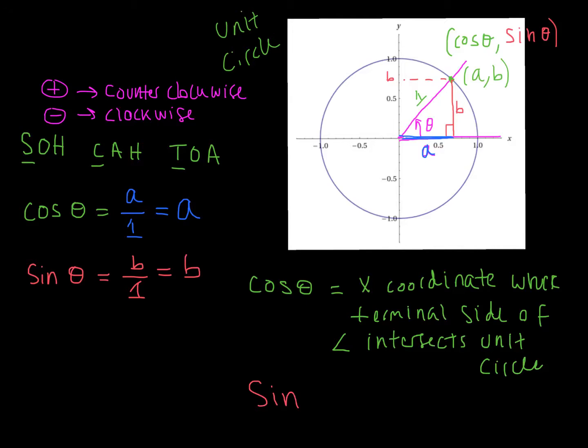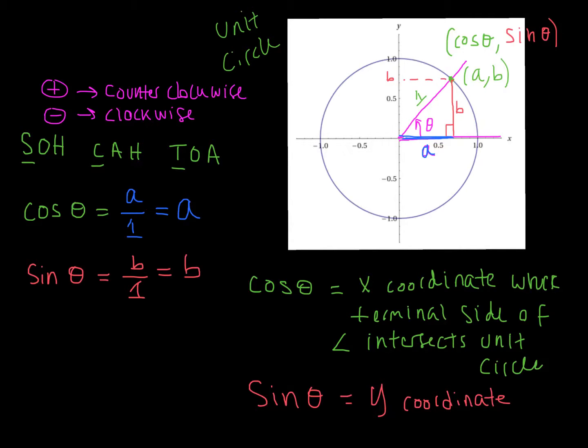Sine of theta we can now think of as the y-coordinate. So go ahead and fill in the rest on your own. The y-coordinate where the terminal side of our angle intersects the unit circle. And this is great because now we know cosine theta and sine theta are going to be functions where when I plug in a radian measure, it's going to give me the point on the circle.